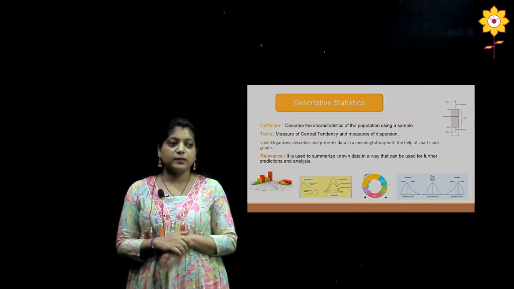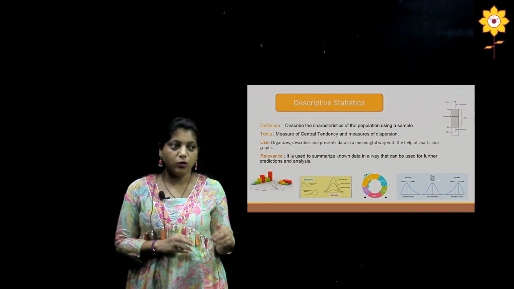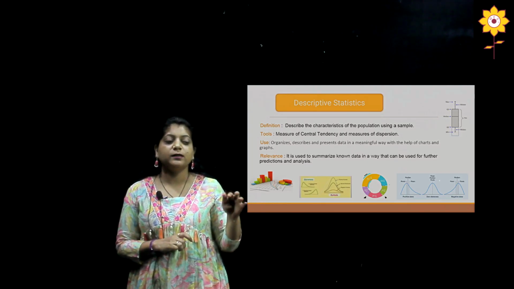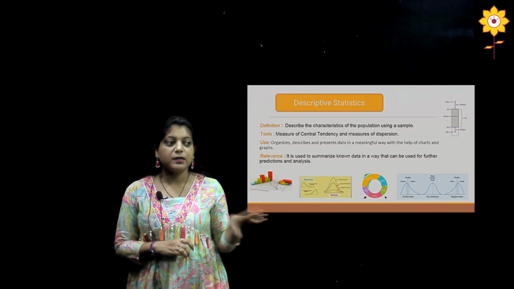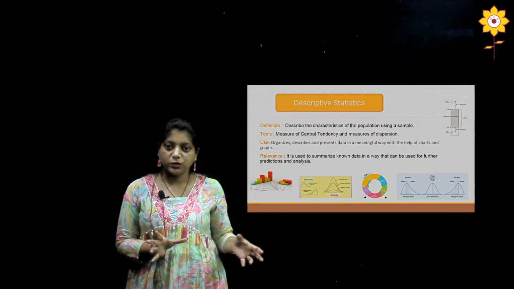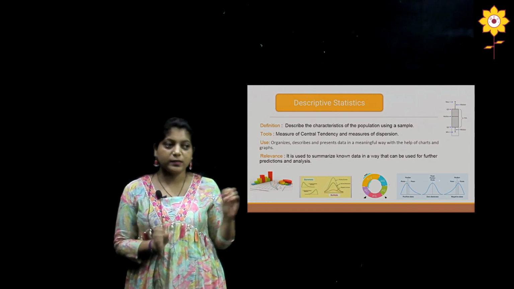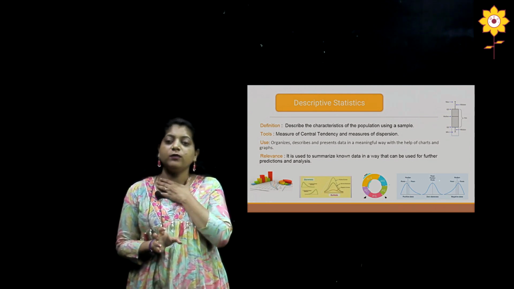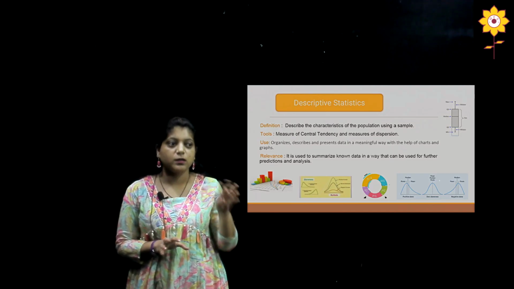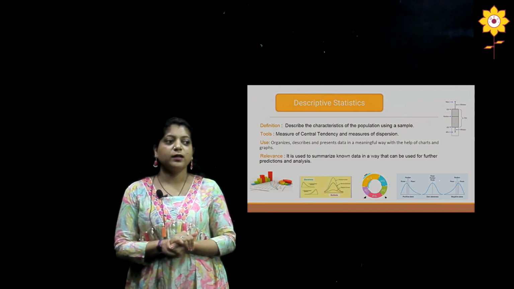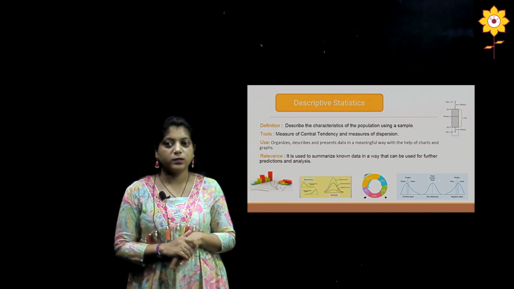So these are the various tools for descriptive statistics, and these are the various graphs which we can make to understand the insights of the data with the help of descriptive statistics. It describes the characteristics of a population using a sample.